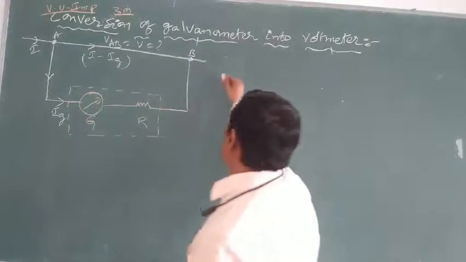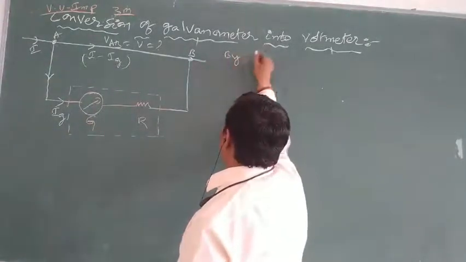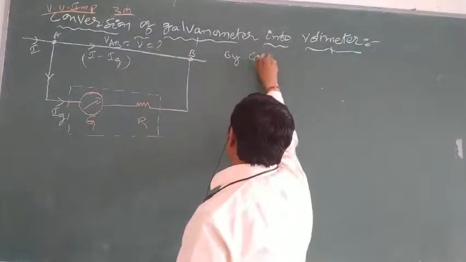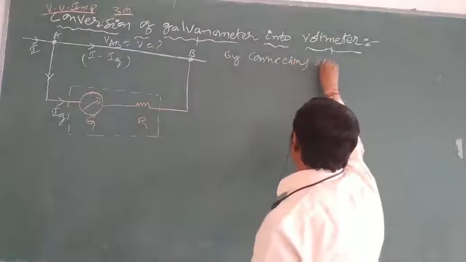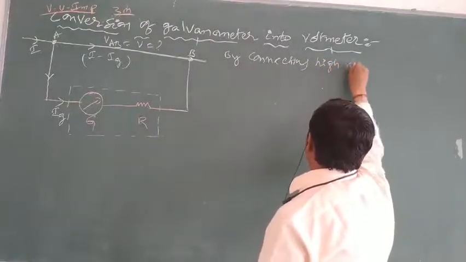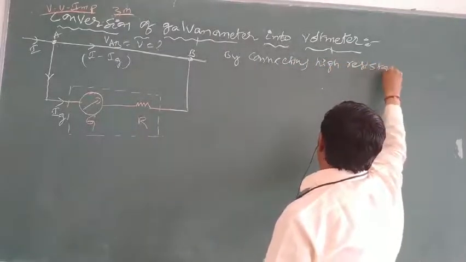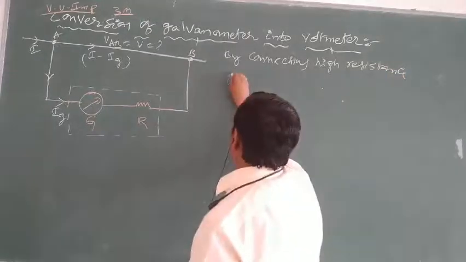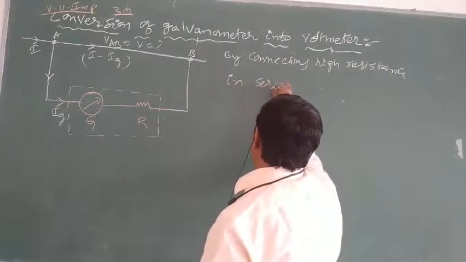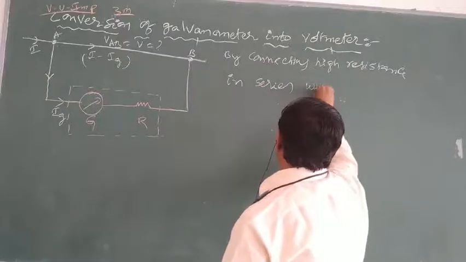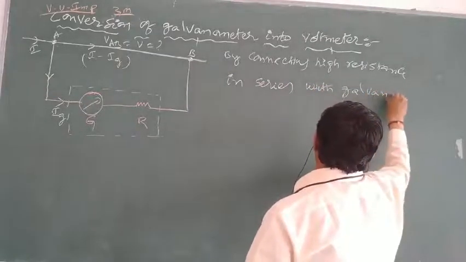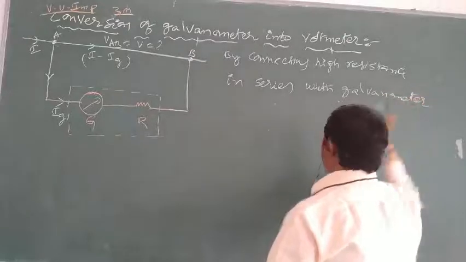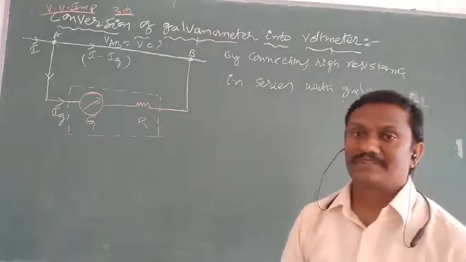So totally, how to convert a galvanometer to a voltmeter? By connecting a high resistance in series with the galvanometer, the galvanometer is converted into a voltmeter.